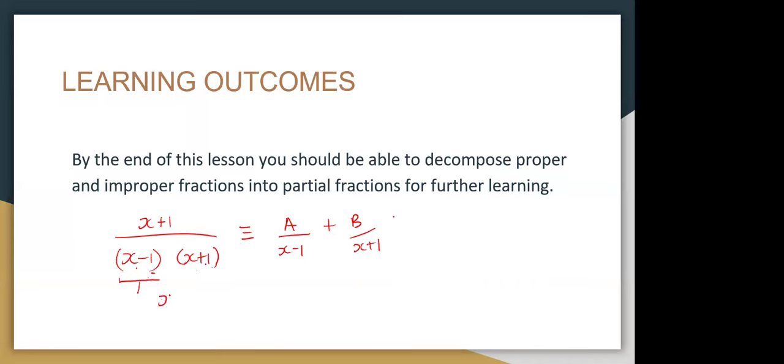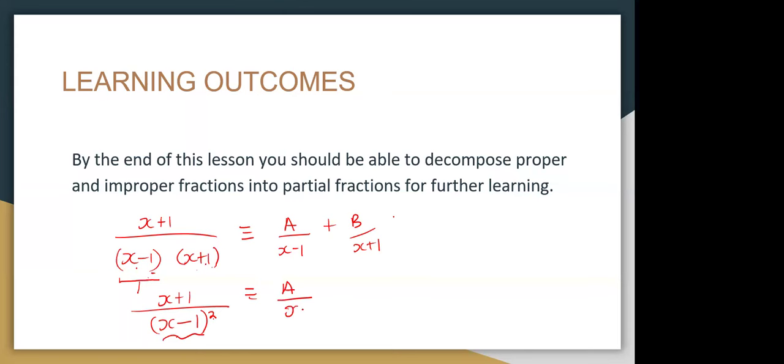But for cases where the factors you have are repeating, let me say x minus 1 squared, when you are expanding it, you expand it in a special way. That special way is, you write your a out of x minus 1, but now you look at the powers and expand the powers.